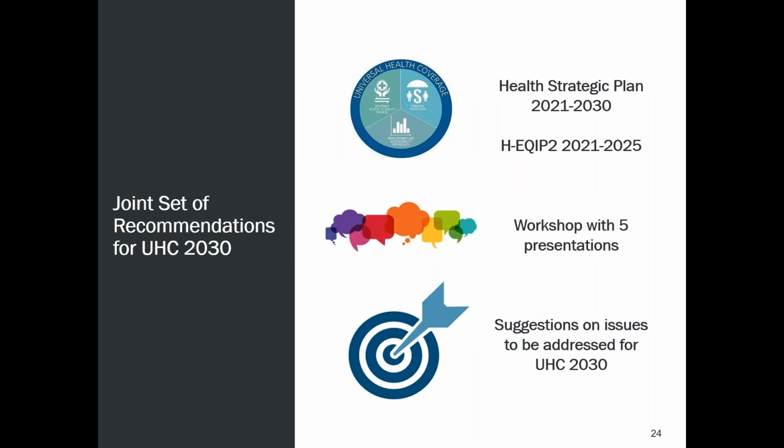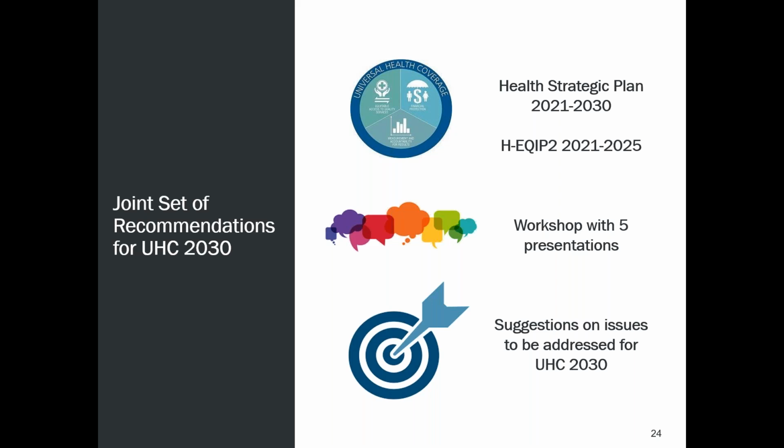So the way we set the recommendations for UHC 2030, first of all, the Ministry of Health asked through WHO the input of development partners into the forthcoming health strategic plan for 2021 to 2030. This coincided with HEQIP, which stands for Health Equity and Quality Improvement Program, which is managed by the World Bank and which is the pooled funding arrangement between the government of Cambodia and selected development partners.